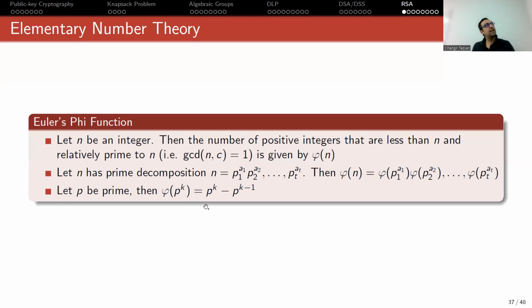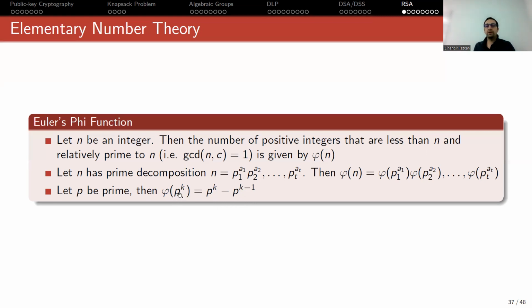Phi of p to the k is actually p to the k minus p to the k minus 1. Let's think about the scenario where k is equal to 1. Let me give you a simple example where p is 7. So phi 7 is 7 to the power 1 minus 7 to the power 0, which is 1. So it is 7 minus 1, 6.